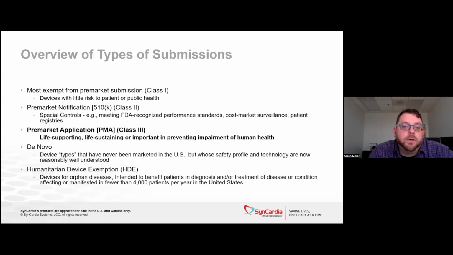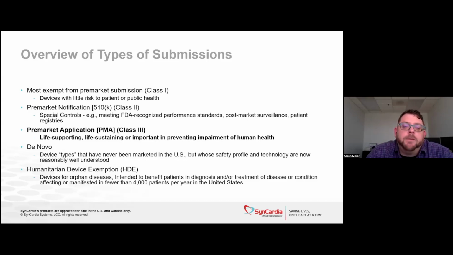And here are the 5 major types of submissions to the FDA. Your class 1 is mostly exempt from pre-market submissions and poses little risk to the patient or public health. You have your pre-market notifications, known as a 510(k). This is for your class 2. These use what's called special controls by the FDA.